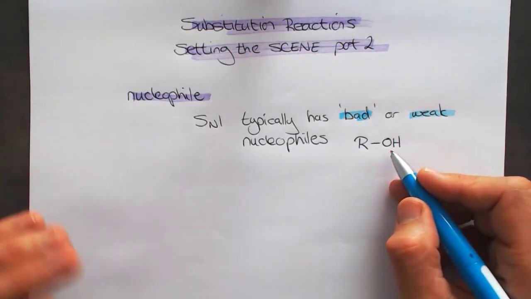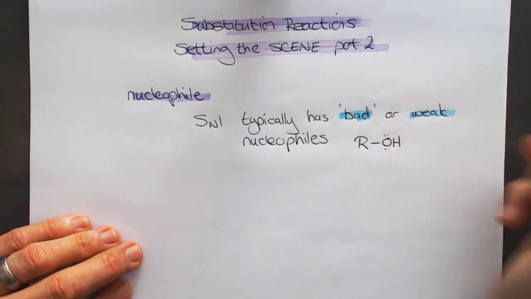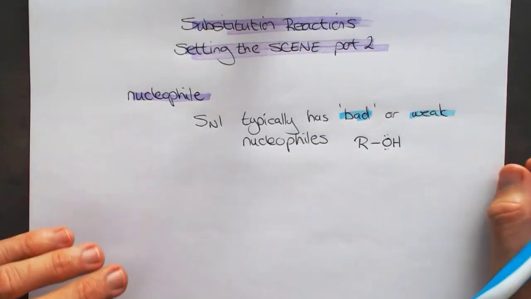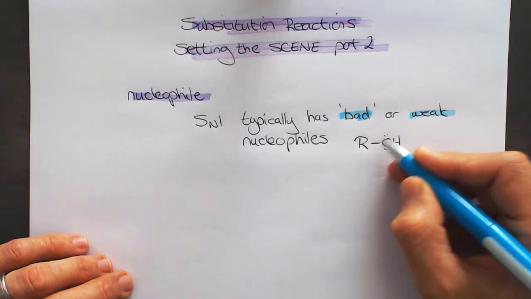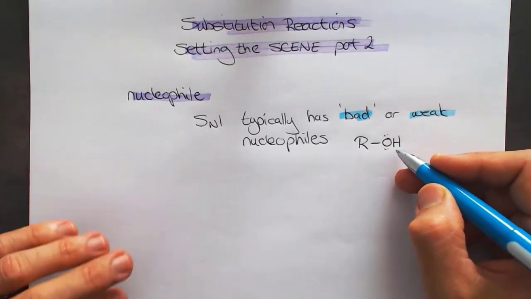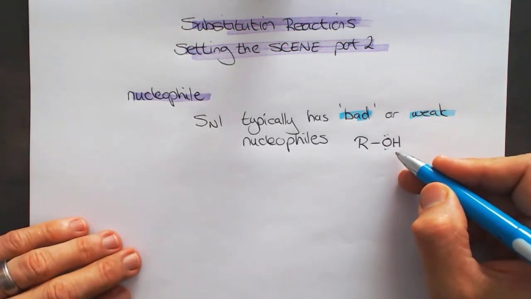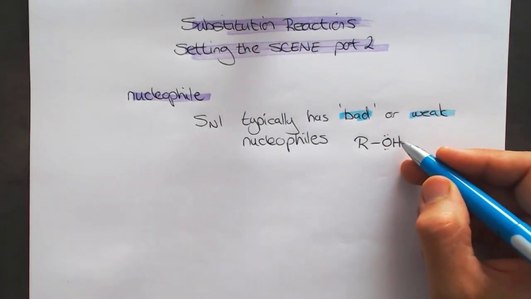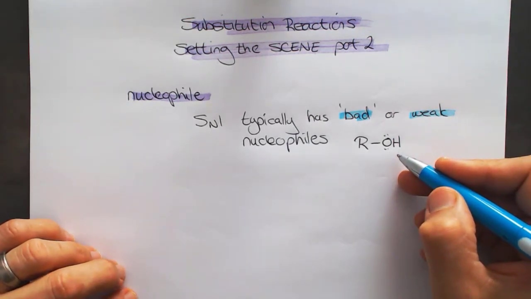They're organic versions of water, and the lone pair of electrons on an alcohol is really not good as a nucleophile. And so we would have to have a very strong electrophile for this to react with. You can compare that if you go back to the reactions on carbonyls. For instance, an alcohol would react very rapidly with an acid chloride, which is a very reactive electrophile. So if we see an alcohol as a nucleophile, just as it is, it really is not a good nucleophile at all.